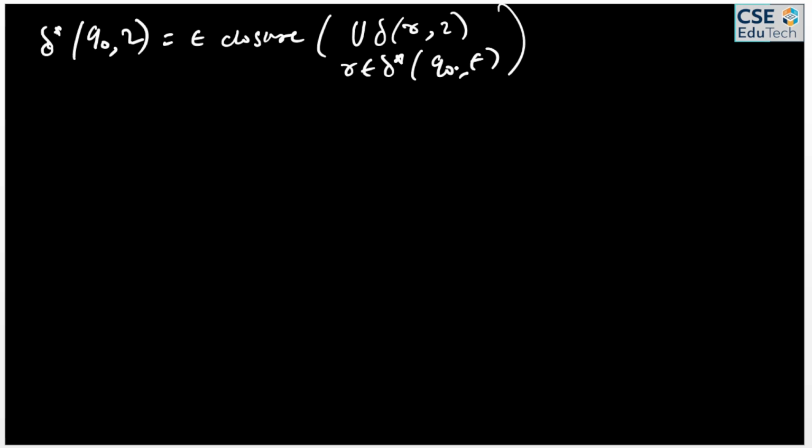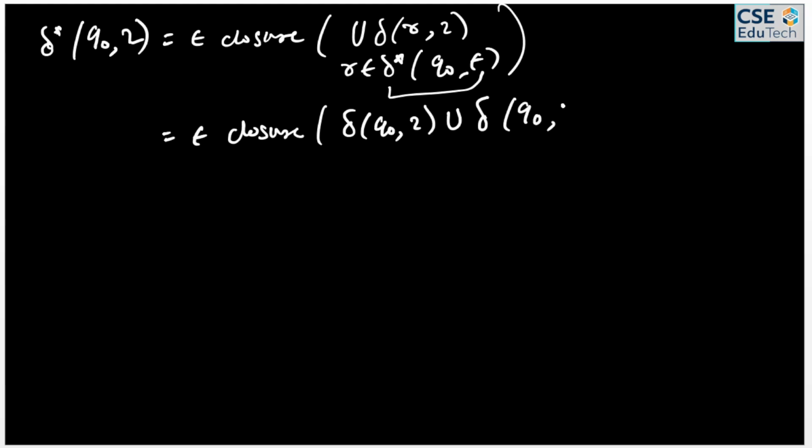So it will be epsilon closure of union delta r comma 2, where r belongs to delta star Q naught epsilon, and this will give Q naught, Q1, Q2. So simply we can write epsilon closure of delta Q naught 2 union delta Q1 2 union delta Q2 2, right?